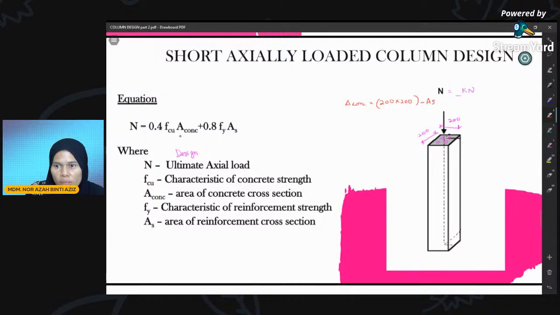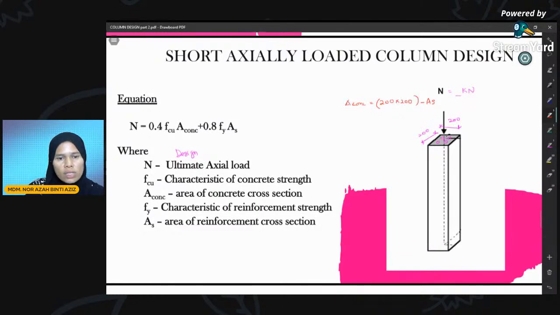Why? Because we have a total area of reinforcement. So 200 times 200 minus the total area of reinforcement bars is the area of concrete. And then we have plus 0.8 fy As, where fy is the reinforcement or steel strength, and As is the total area of reinforcement.